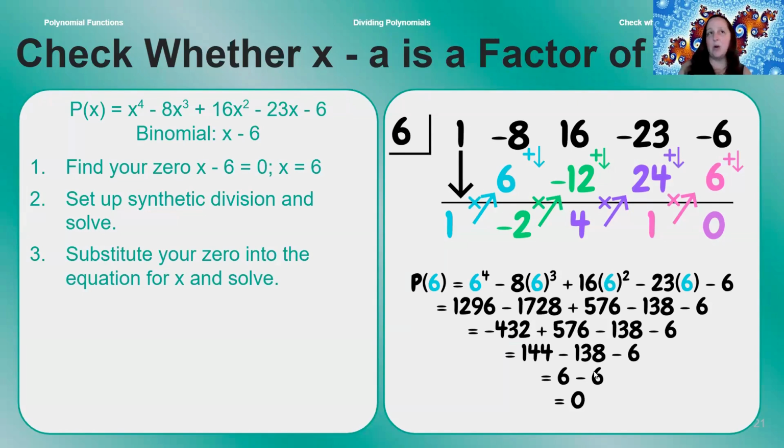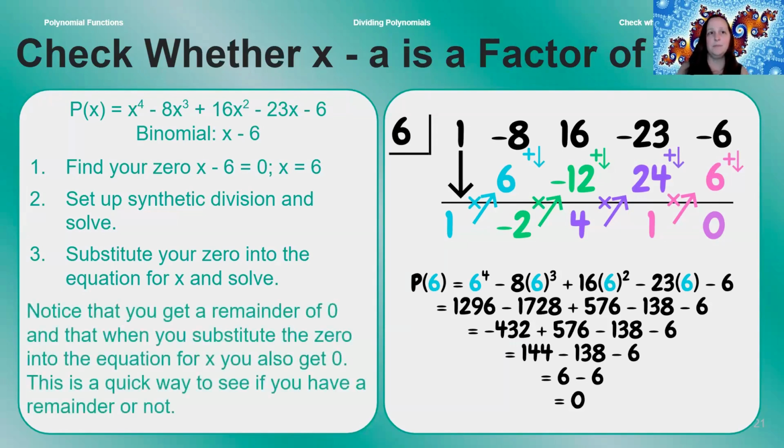Since I got 0, this tells me that x minus 6 is a factor of x to the fourth minus 8x cubed plus 16x squared minus 23x minus 6. So it's also a really quick way to see if we have a remainder or not. And whatever number I put in here is going to give me my remainder at the end.